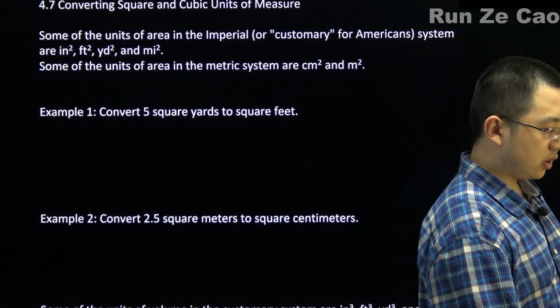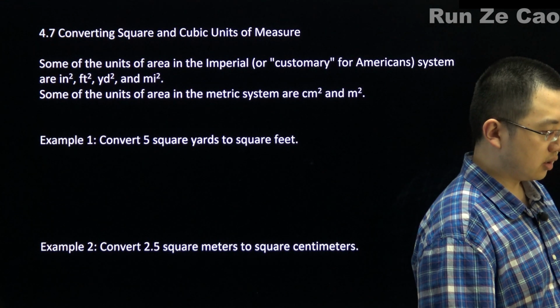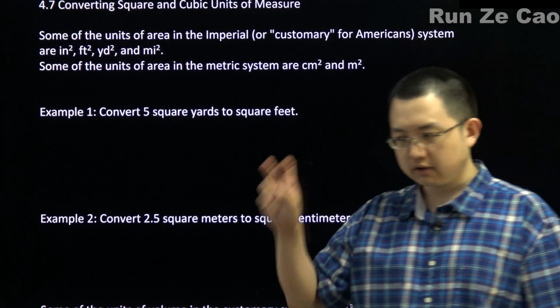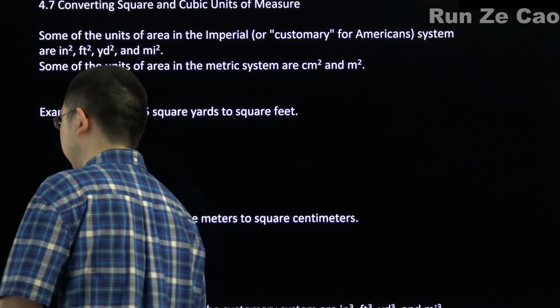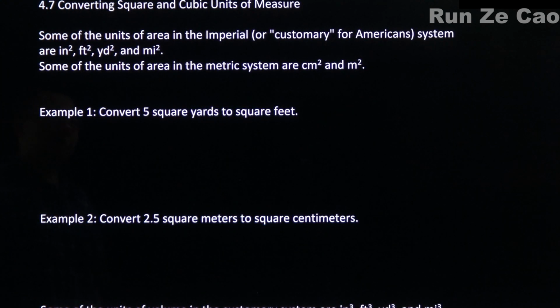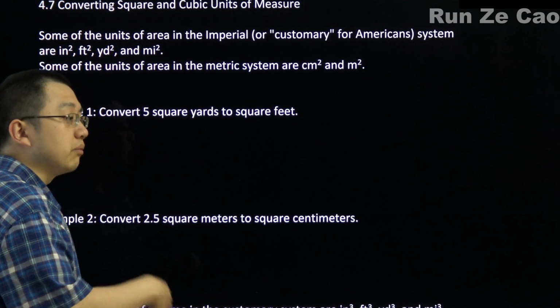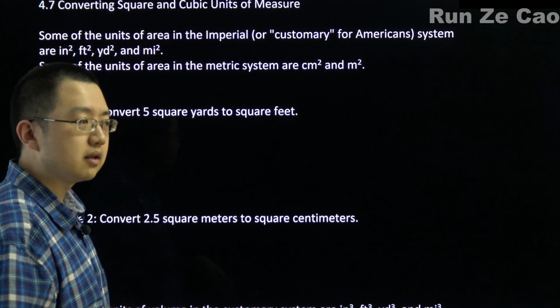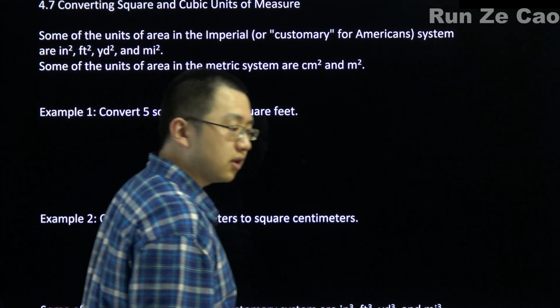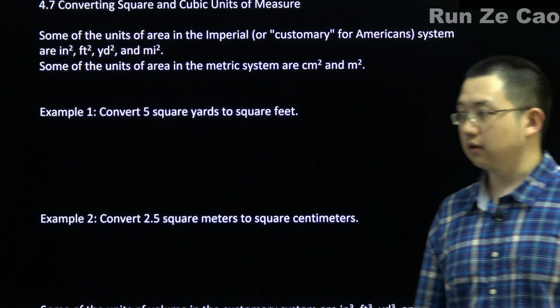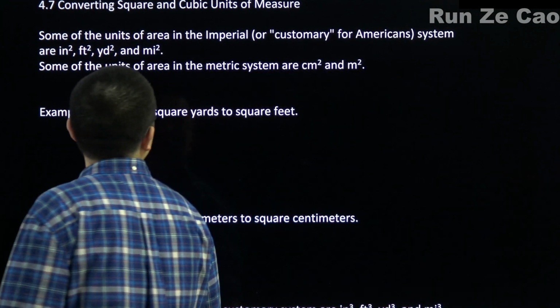Converting square and cubic units of measure. Some of the units of area in the imperial or customary for Americans who don't want to acknowledge where it came from, although their system does differ from the typical imperial system a little bit in the size of some measurements. So the gallon, for example, varies. So it's always around 4 liters.